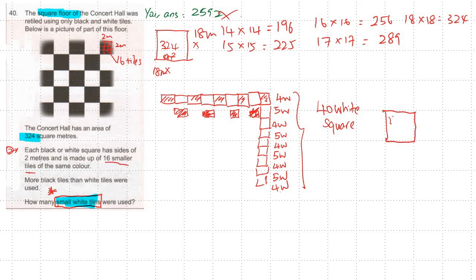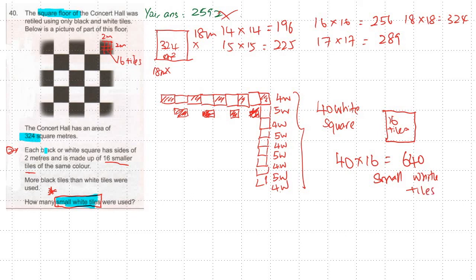So I want to know the total number of small white tiles. I will have 40 times 16, which gives me an answer of 640 small white tiles.